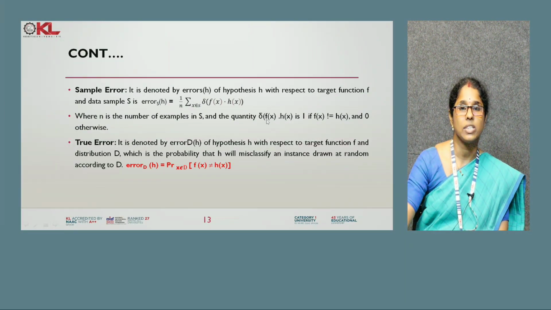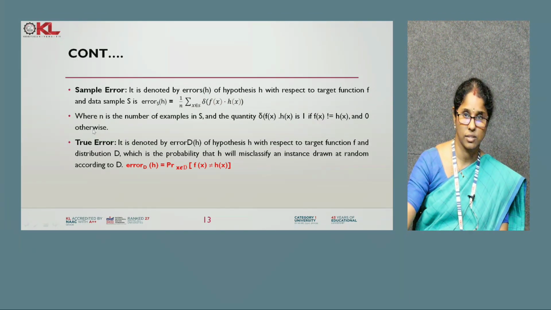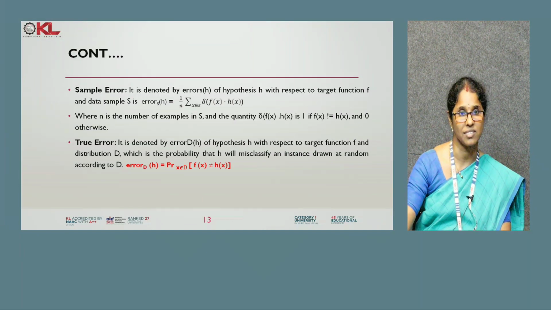Delta of f(x), h(x) is 1 if f(x) is not equal to h(x), otherwise 0. So what do you mean by that? If f(x) is not equal to h(x), then your sample has some error.